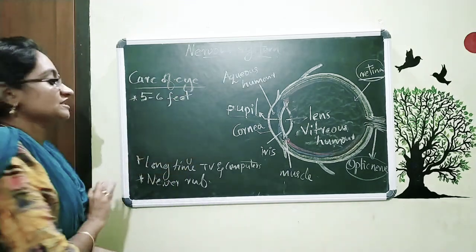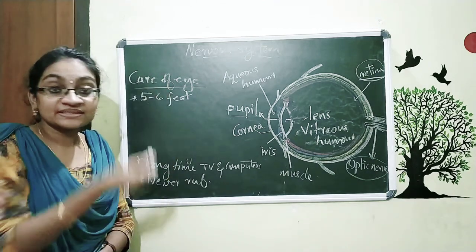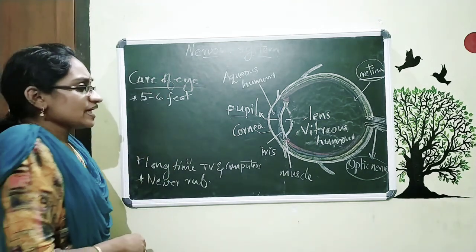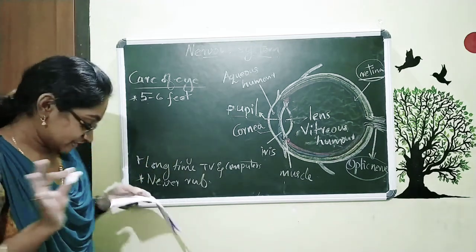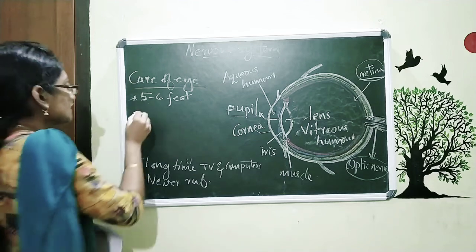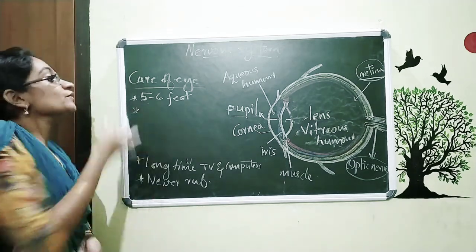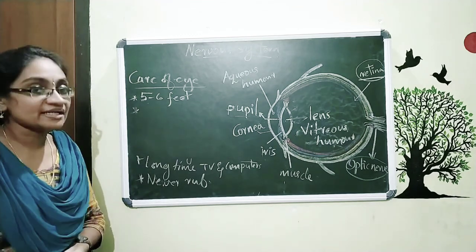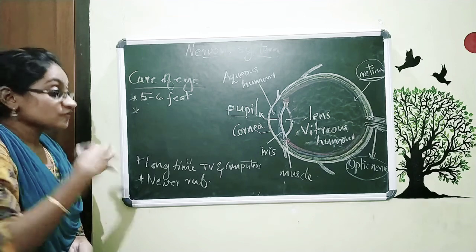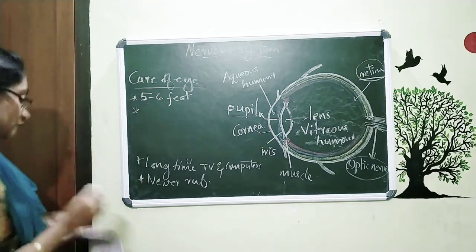Otherwise, the radiations will affect and damage our eyes. The next point is, if you feel any difficulty reading the blackboard in class, you have to inform your parents or teachers. That is the next point.